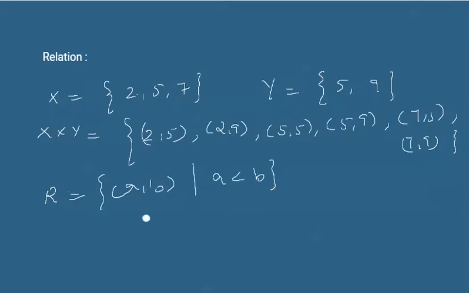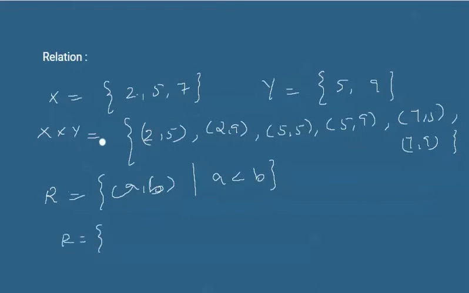What is the meaning of this? We need all the ordered pairs of the form (a, b) such that the first element a is less than b. So how can you list that relation from here?